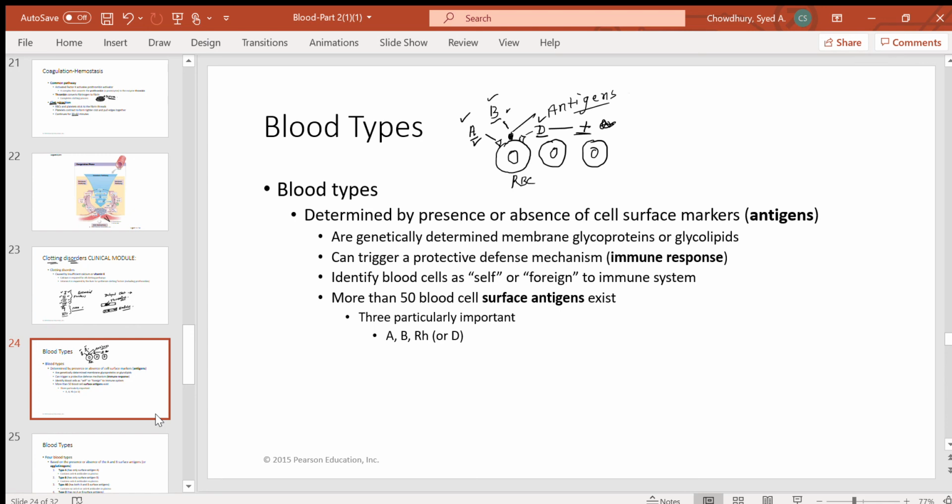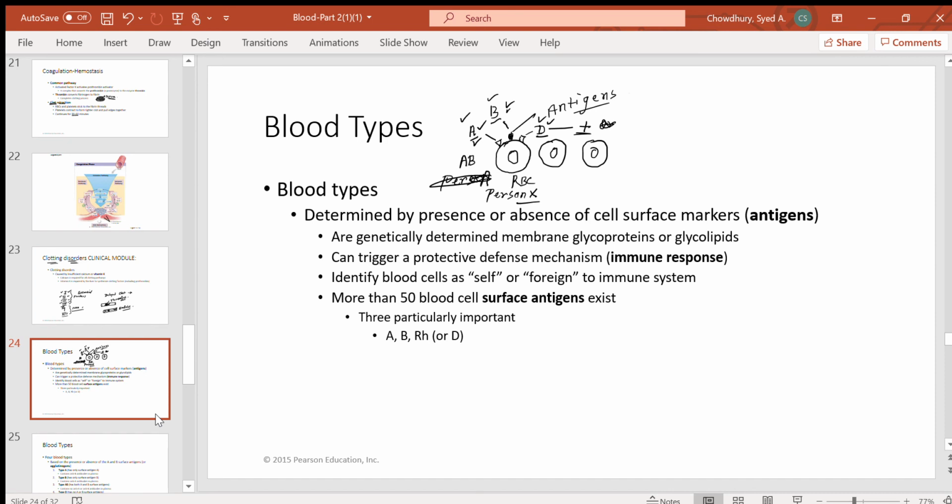So here on these persons, for example, let's say person X, will be easy. Person X, on his red blood cell surface you have all 3 types of antigens, both A, B as well as D. That means his blood type is what? AB positive.